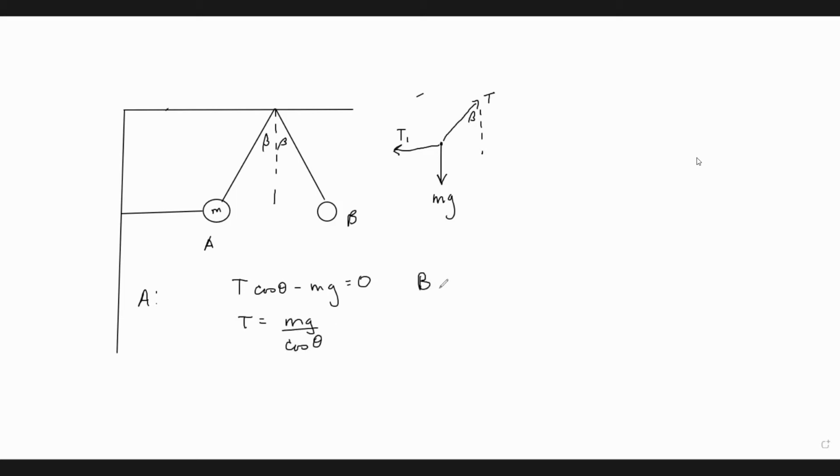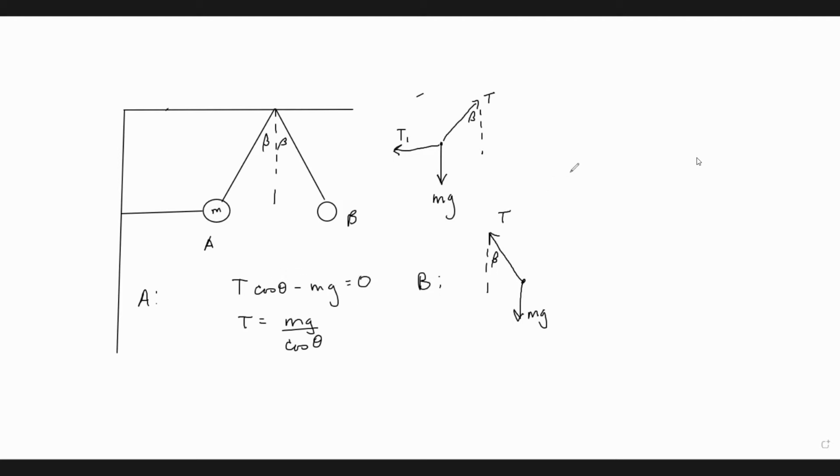Now, situation B is a little bit interesting here. For the free body diagram at position B, we have mg, and we have the tension T at this angle beta. But there's a problem here. In position A, the acceleration is 0, so I can write this.